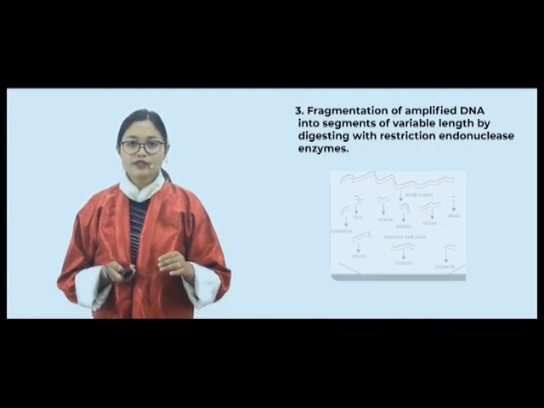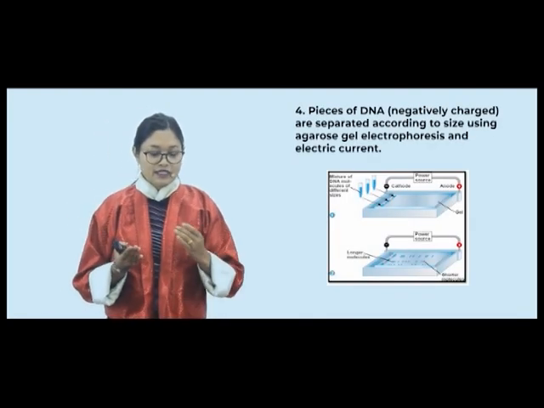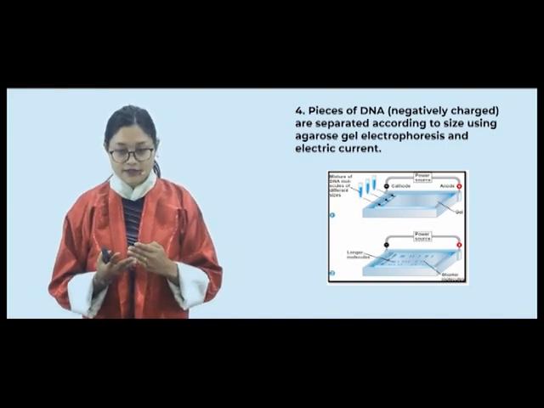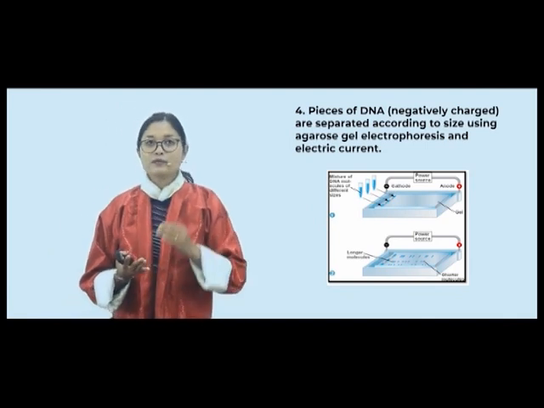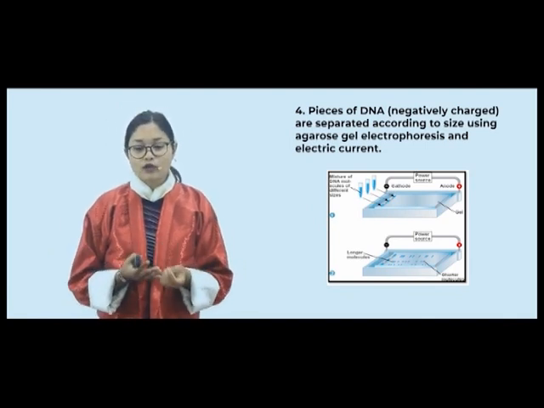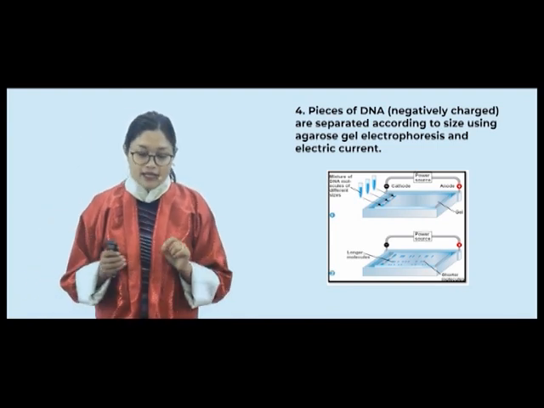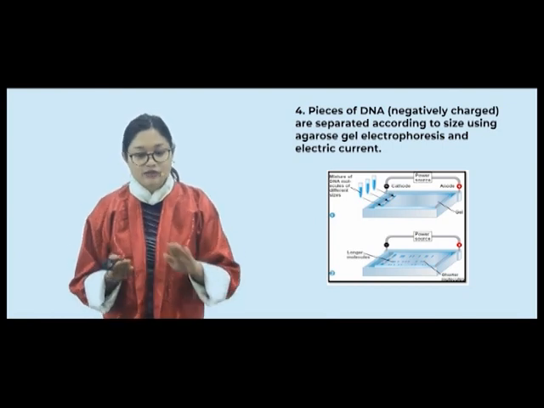Now in the fourth step, after the DNA is cut into different fragments using the biological scissor, the restriction endonuclease enzyme, the pieces of DNA are loaded into the gel electrophoresis. Gel electrophoresis is a small device which has agarose gel.